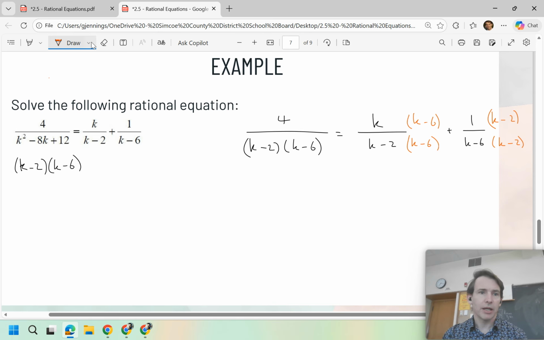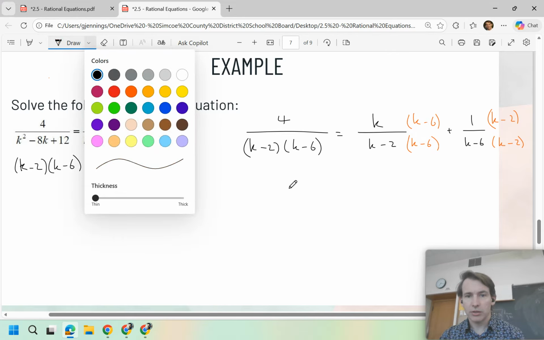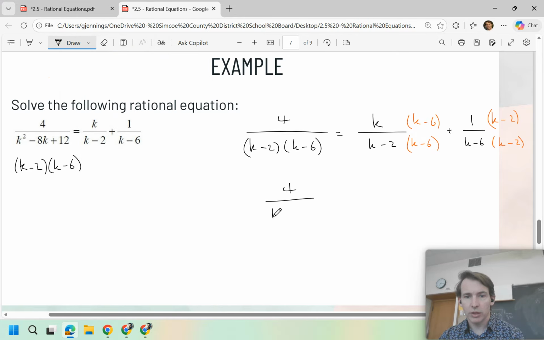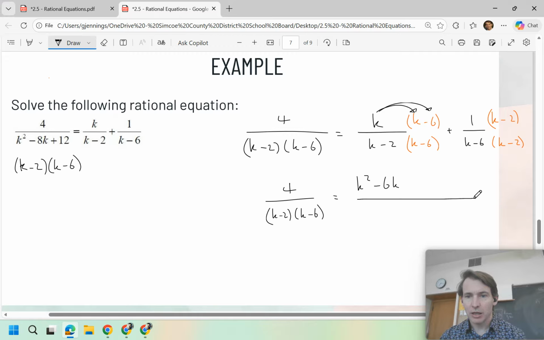Okay, and then I just simplify that. So I have 4 over k minus 2, k minus 6 equals, distribute k squared minus 6k all over k minus 2, k minus 6.